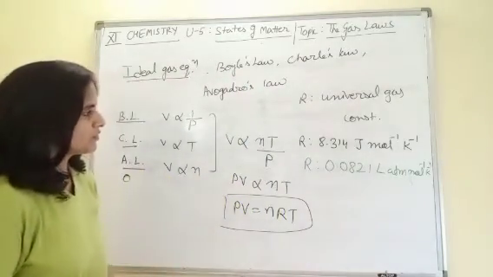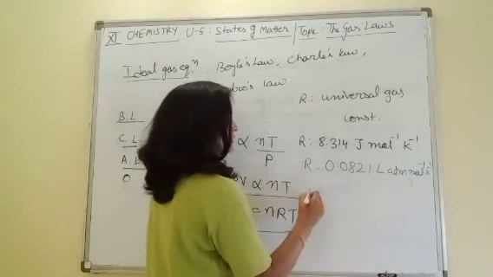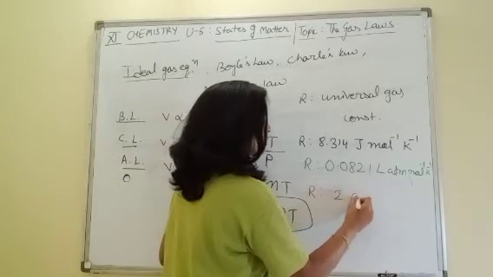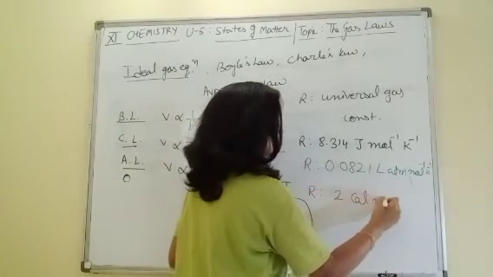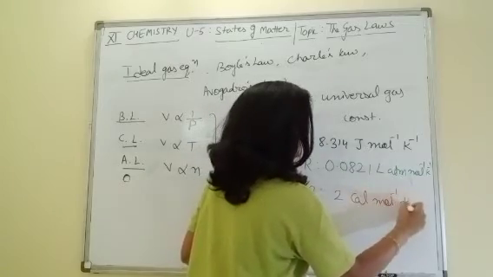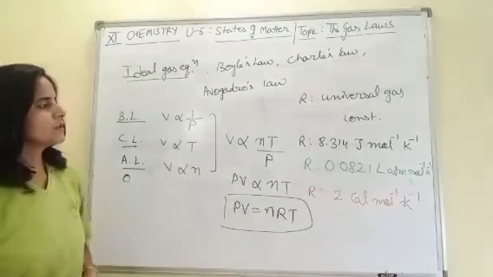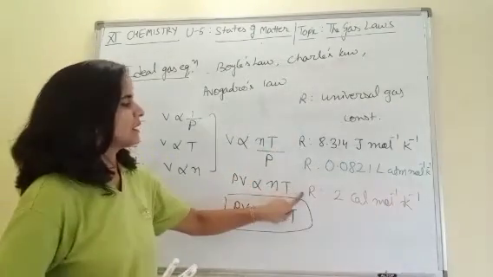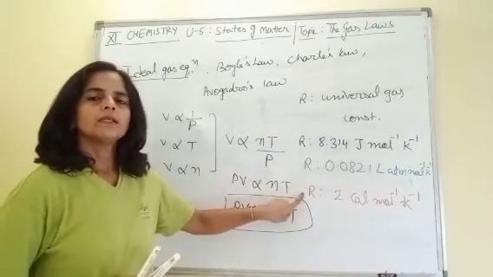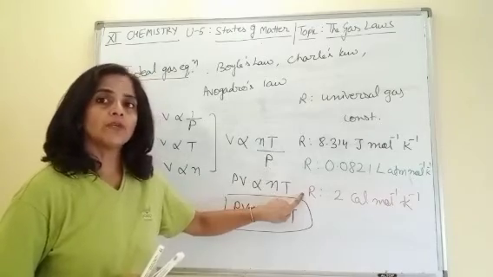The third value of R is 2 calories per mole per Kelvin. So the first and third values we will be using in thermodynamics.